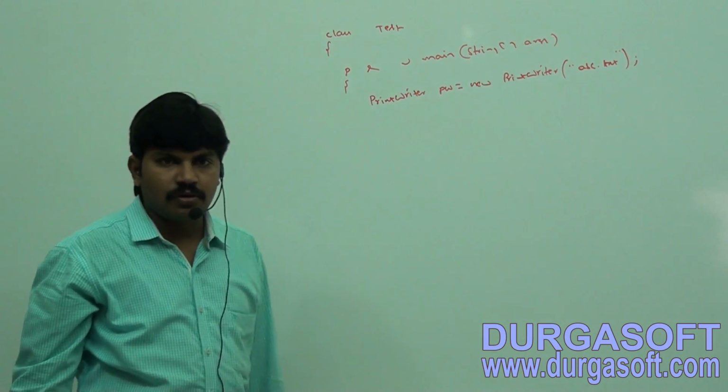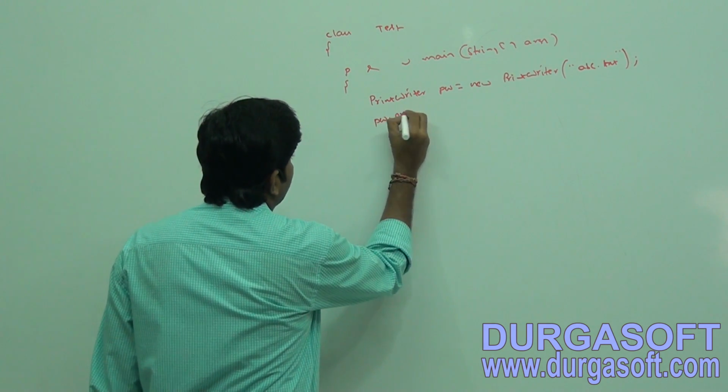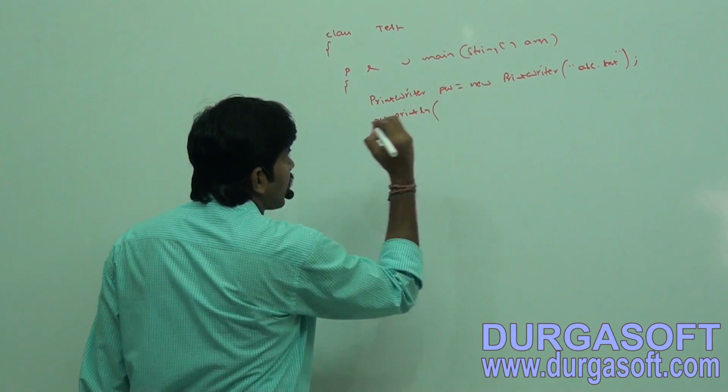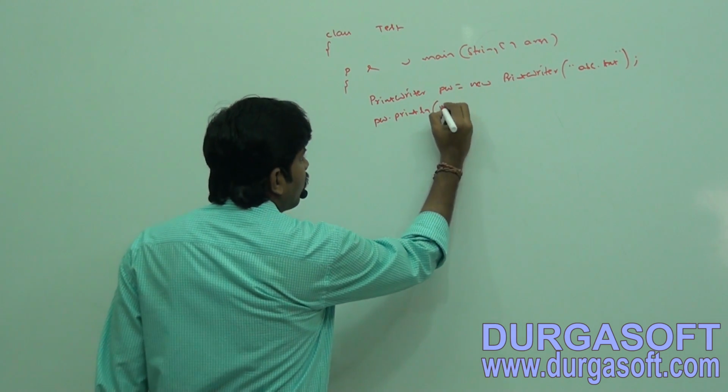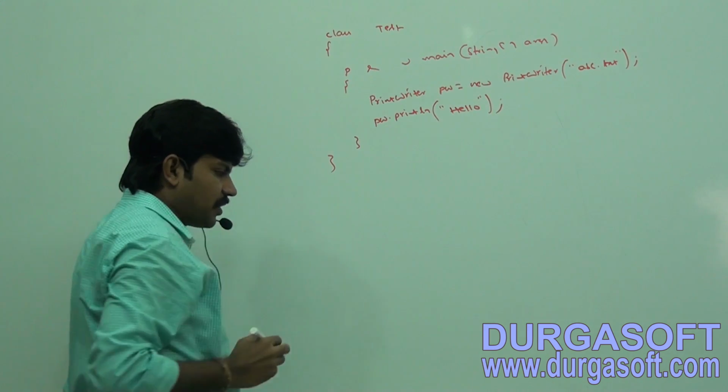Then pw.println of hello, like this I'm taking.